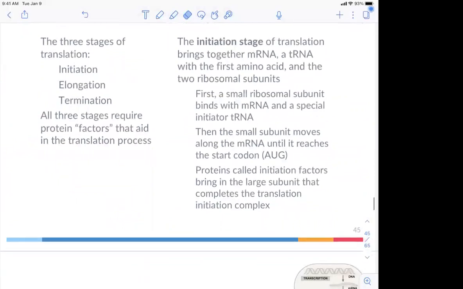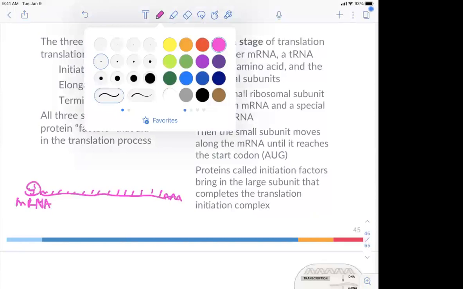All right. So the first thing that's going to happen, let's draw myself an mRNA, and let's say that it's, I don't know, pink. It's my mRNA. And it's already processed and it left the nucleus and it's got its poly A tail and its 5' cap. The first thing that's going to happen is that there's going to be a small ribosomal subunit.